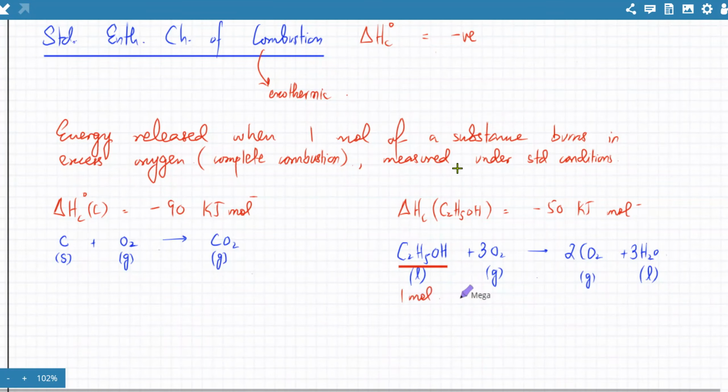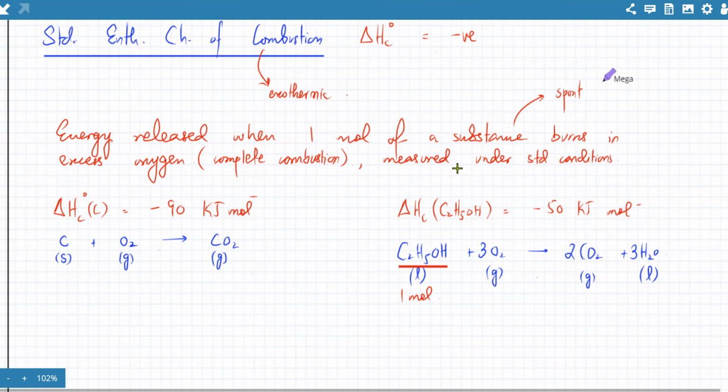So you can keep doing this. It's the energy released when a substance burns in excess oxygen. Also remember that not any reaction with oxygen is a combustion reaction. It has to be a spontaneous combustion reaction, like if you burn paper.